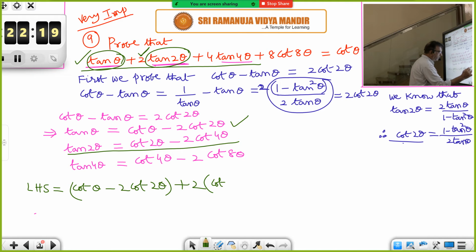I have written the tan 2 theta formula from here.